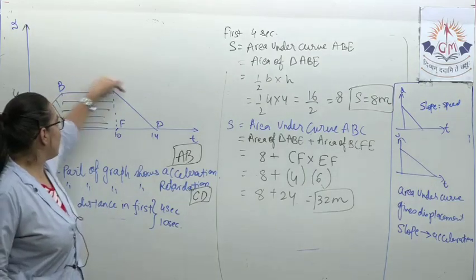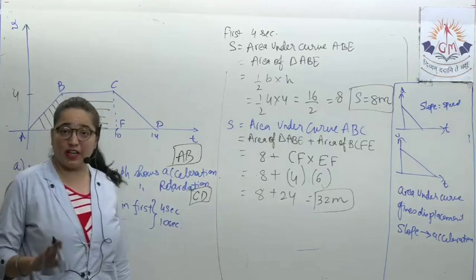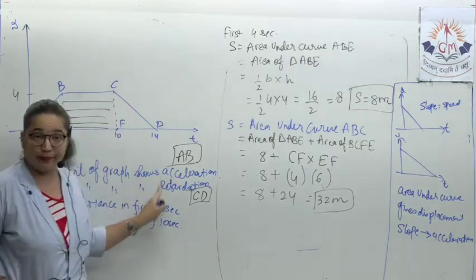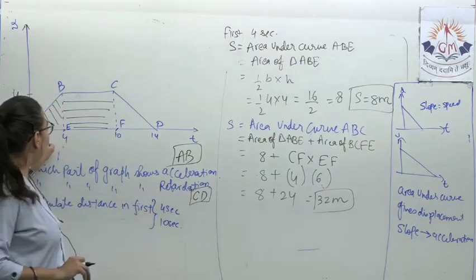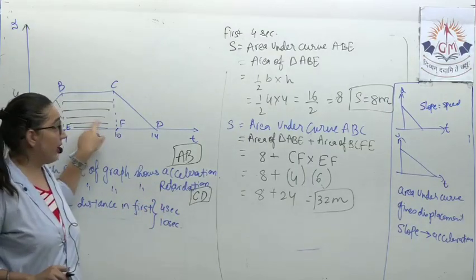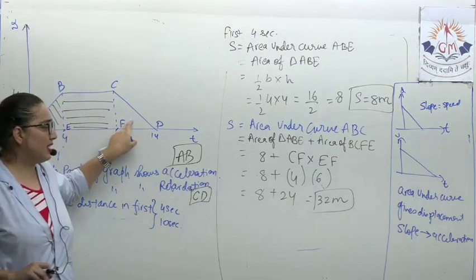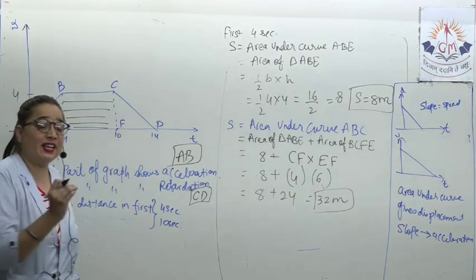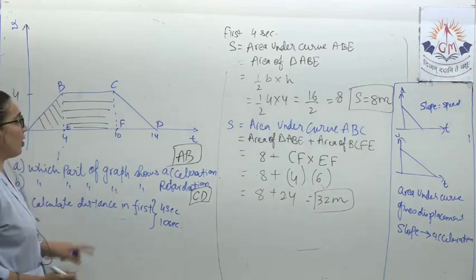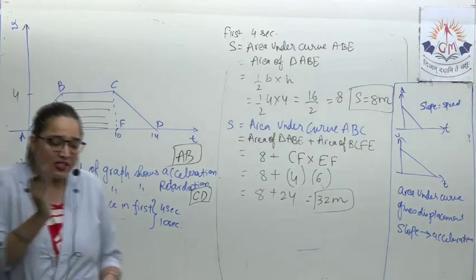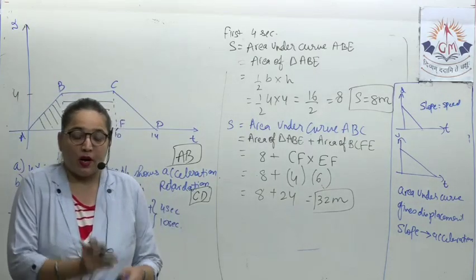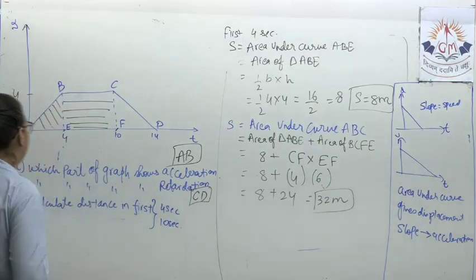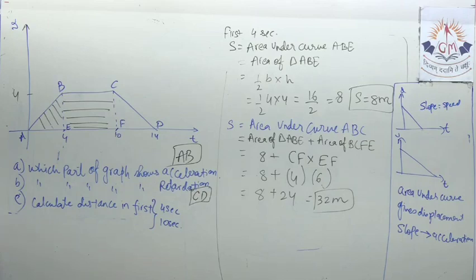I did this orally: 8 plus 24 plus 8, that is 24 plus 16, which is 40. This is how you can calculate any distance that is given to you. You have been given 2 minutes to note this content. Quickly just note it.